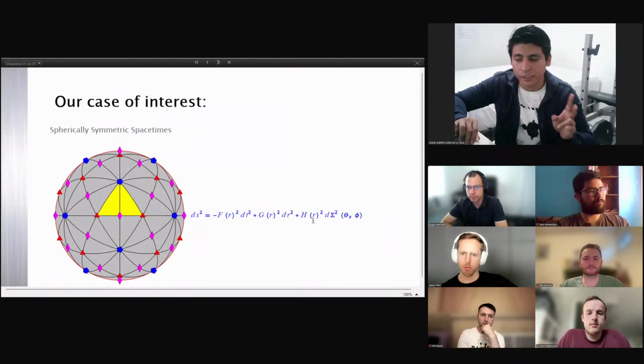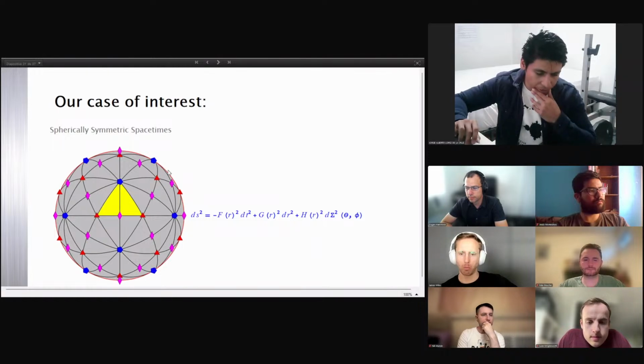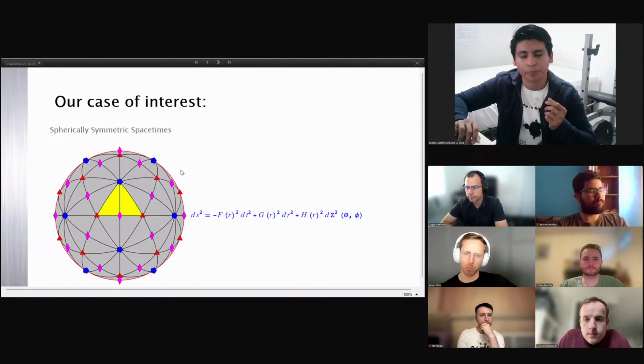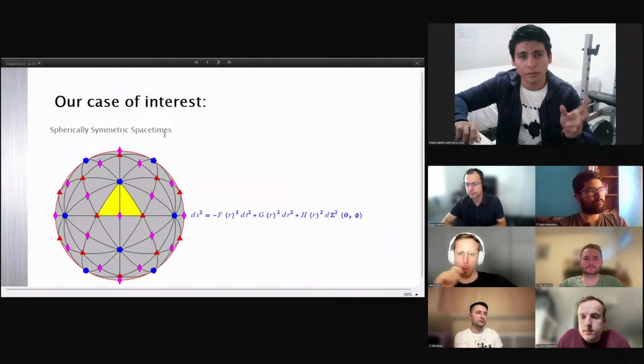All right, this is a spacetime very easy to handle. This case of interest simplifies the general problem of classifying all the spacetimes. So we want to proceed with this case of interest. All right.